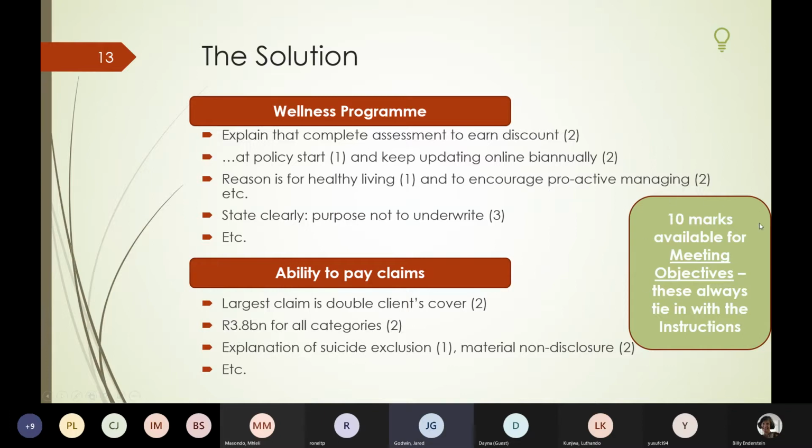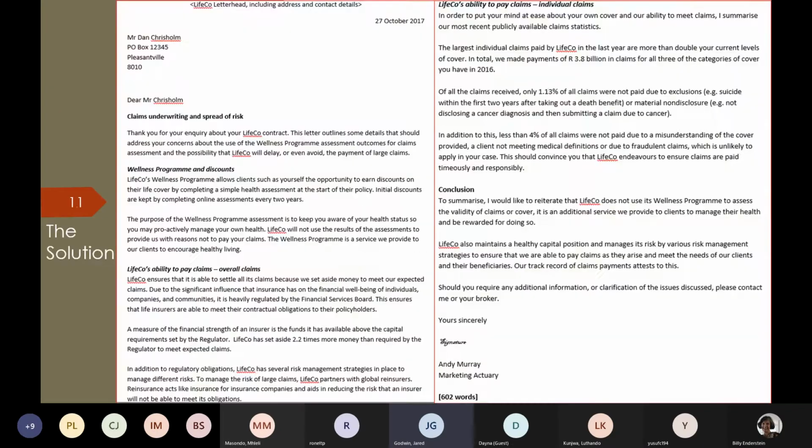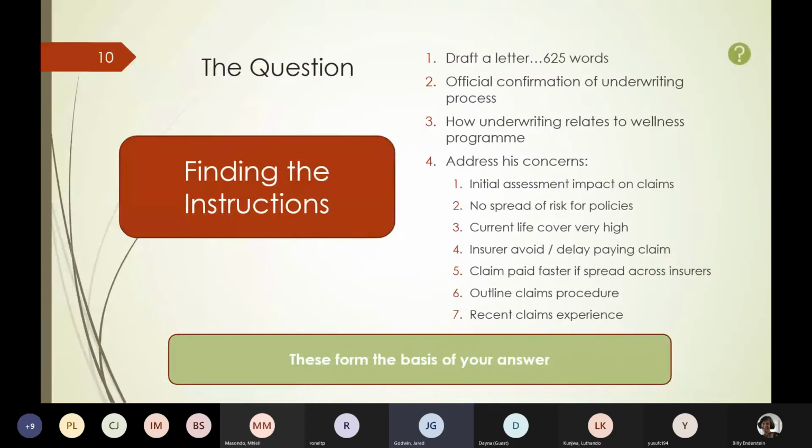I've also put this block here. It's something to be aware of, and maybe students aren't aware of it because, well, you wouldn't be, because it's part of my spreadsheet. But there are always 10 marks available for meeting the objectives. And the objectives are always tied in with the instructions. So I'm going to go back to the instructions that I got.